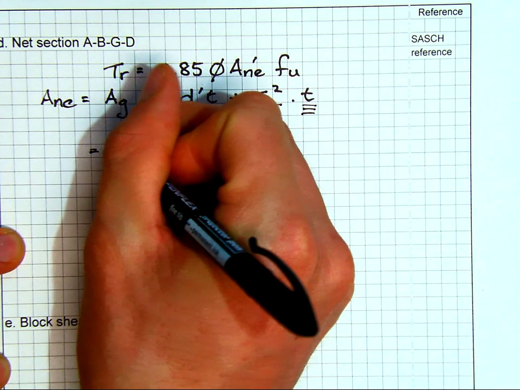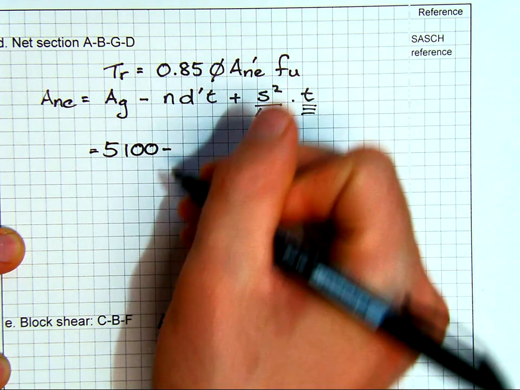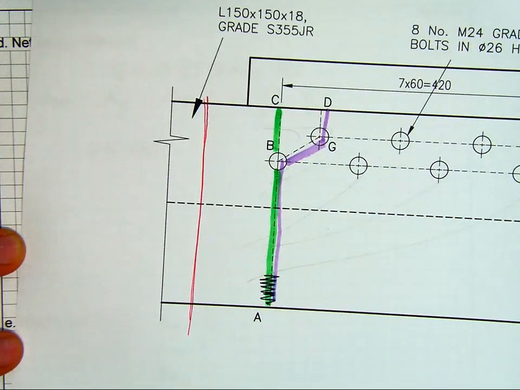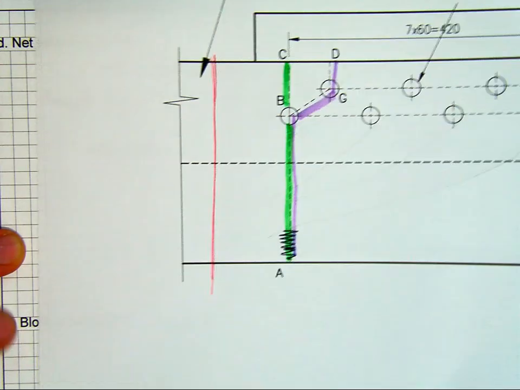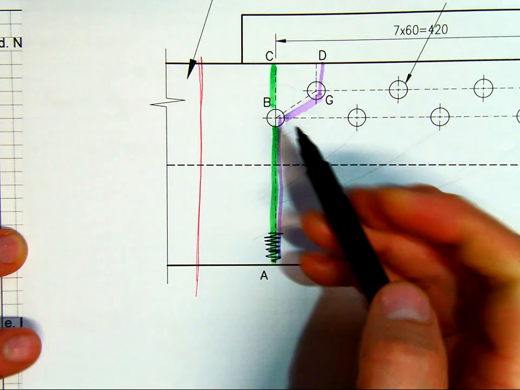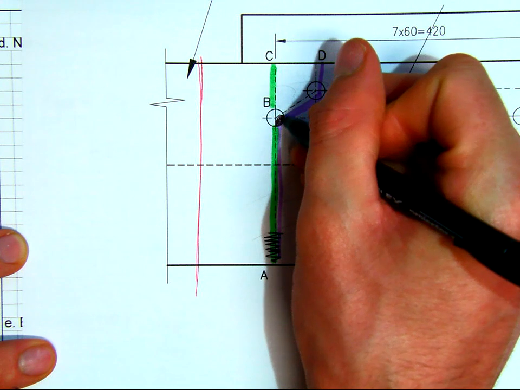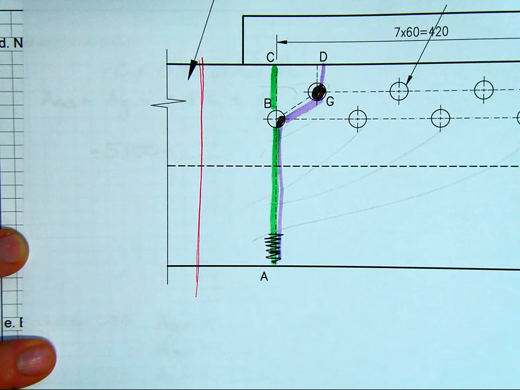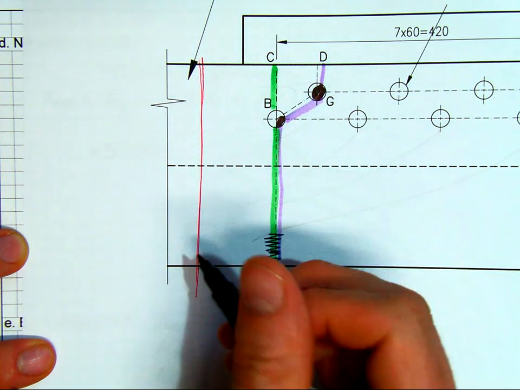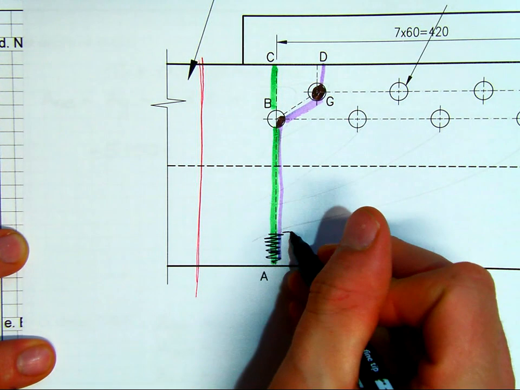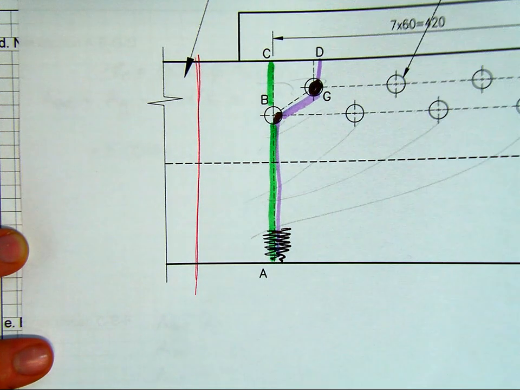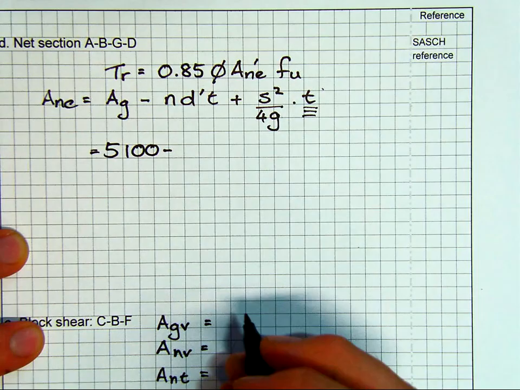So here we'll have the total area minus, now there are 2 bolts passing through. So there we go, we've got 2 bolts once again, and so we are now removing this area and removing that area from our calculations and only having the remaining. And then shortly we'll also remove some extra at the end to account for shear lag, remaining with just that purple line.